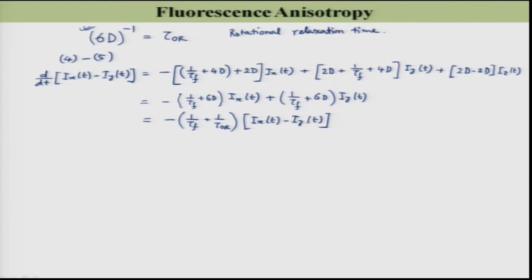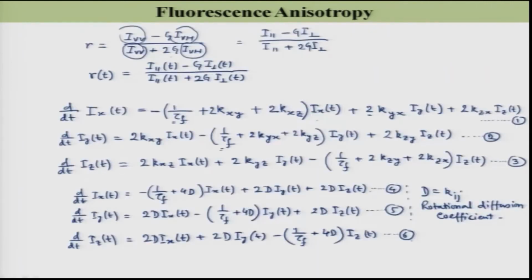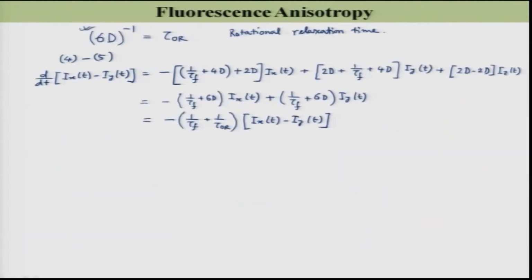Okay. Now, what will I do? I have done the 4 minus 5. Now, I can do that for x and z. So, then it is equal to 4 minus 6, I can do, right, but before doing that let us integrate this.